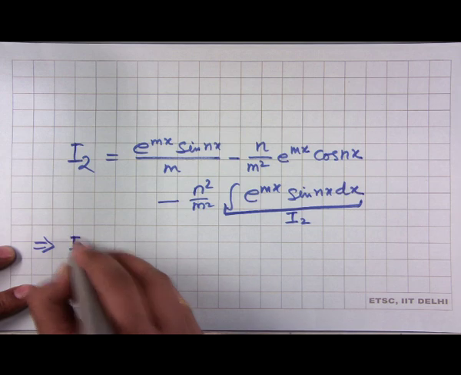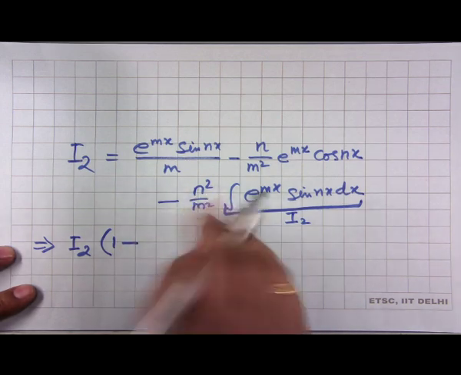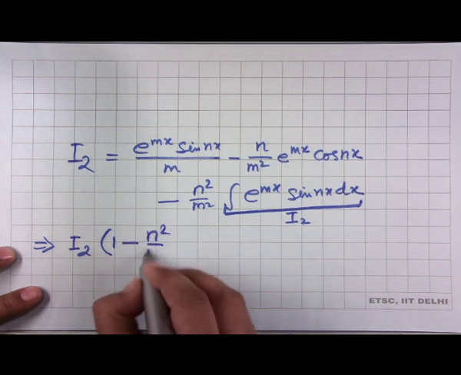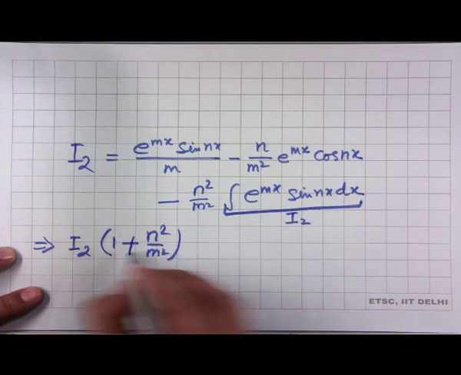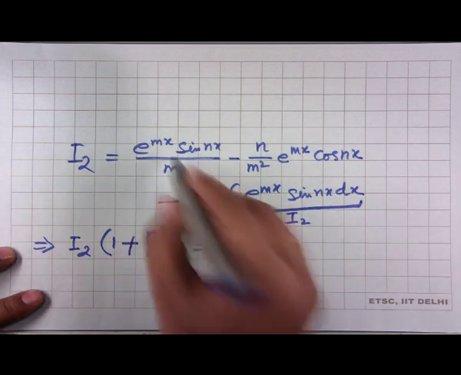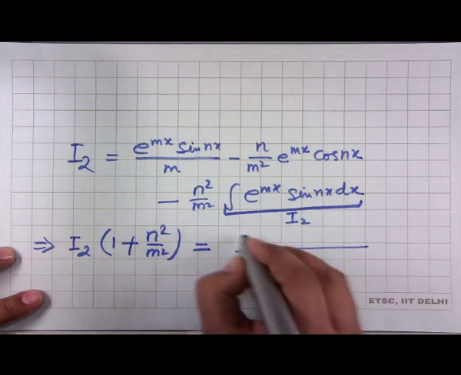So, I2 times 1 minus of minus n square by m square will come on the left hand side, will become plus n square by m square, equals to, if I take this m square as LCM here, we will get m square.